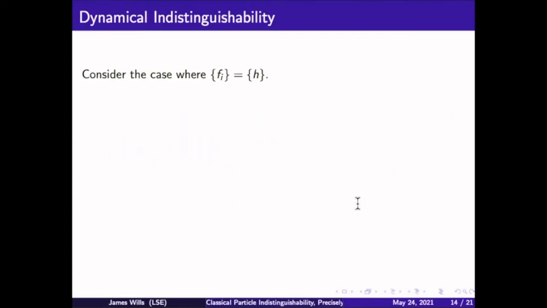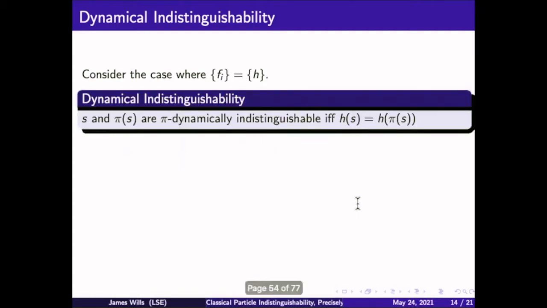I'm going to call observational indistinguishability with respect to the Hamiltonian dynamical indistinguishability. Just applying the definition that I introduced, state S and state pi S, where pi is an element of the permutation group, are dynamically indistinguishable if and only if S and pi S take the same value for the Hamiltonian.